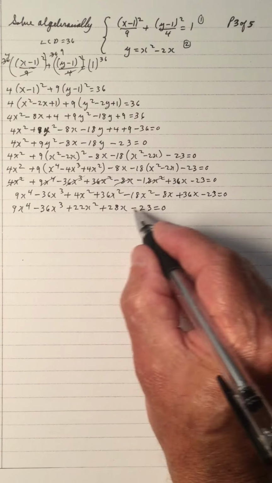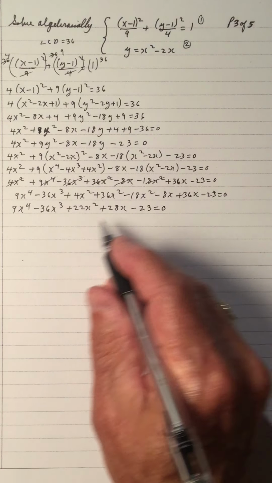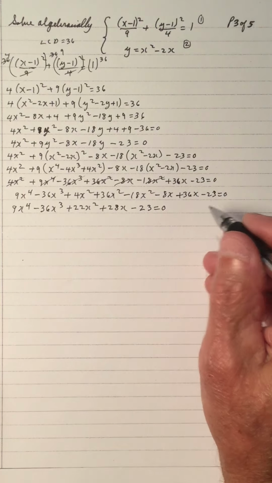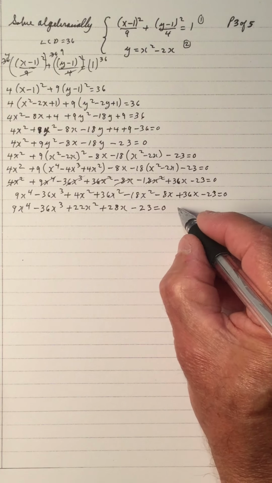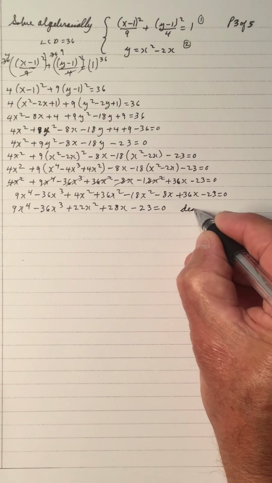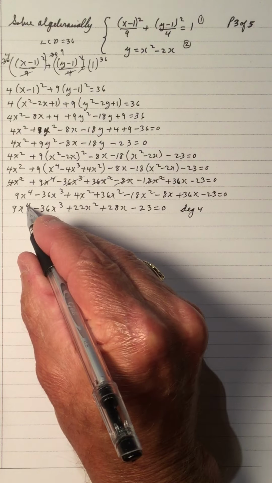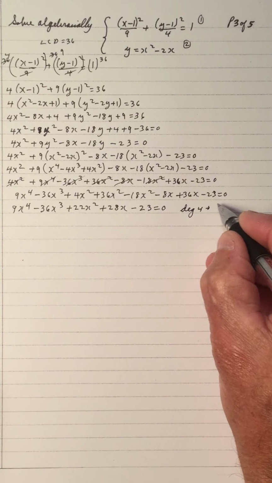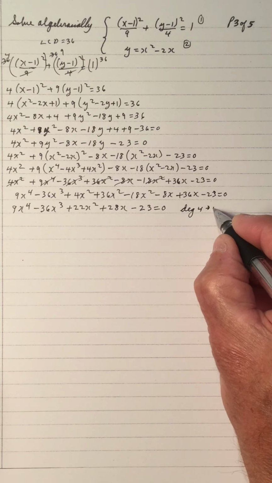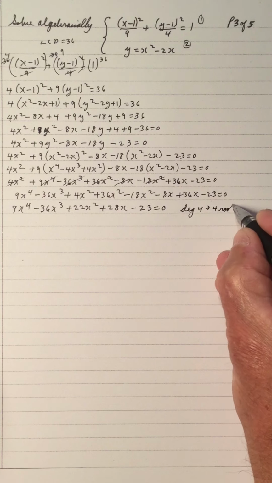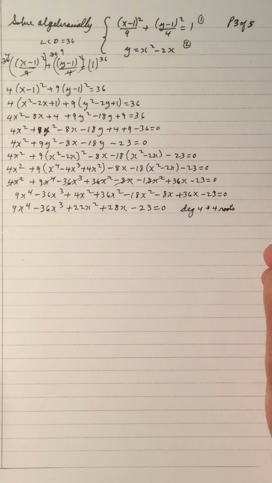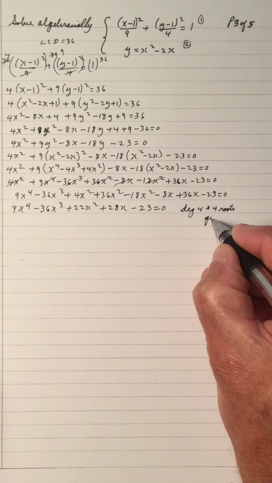Negative 8 and 36 is a positive 28. Notice that right now this is degree 4, the largest degree, so that means I have 4 roots. This is a quartic.